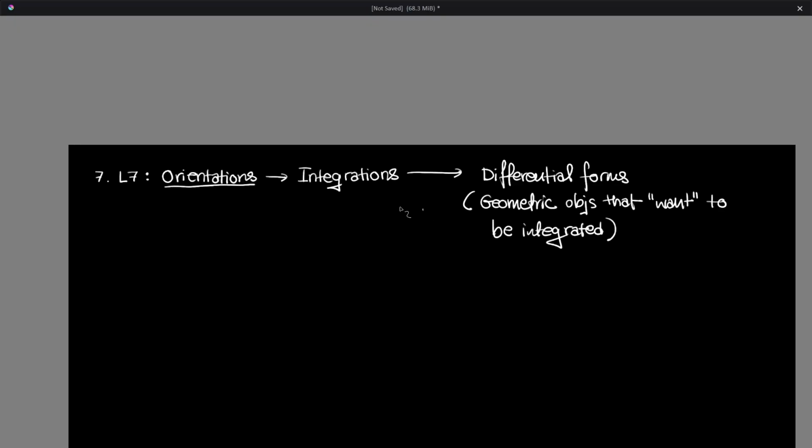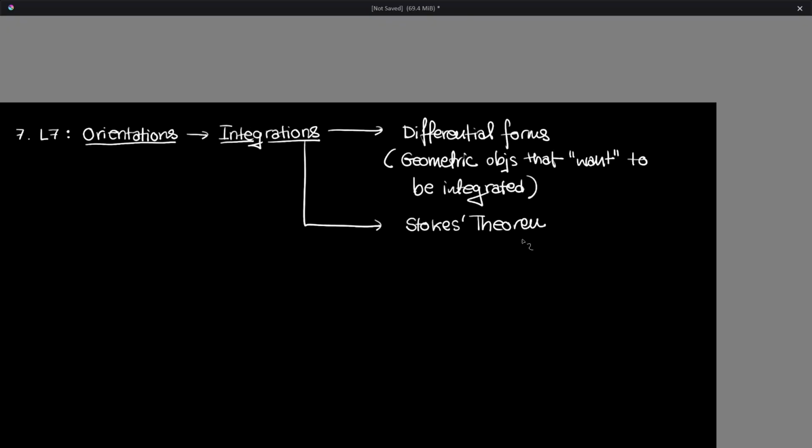But then we also used integration to define Stokes' theorem, which was essential in understanding a lot of the cohomological results, right? And this is in no small part because differential forms have the interpretation geometrically as flows or objects that measure flows.